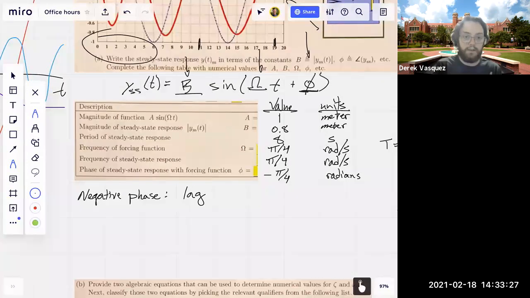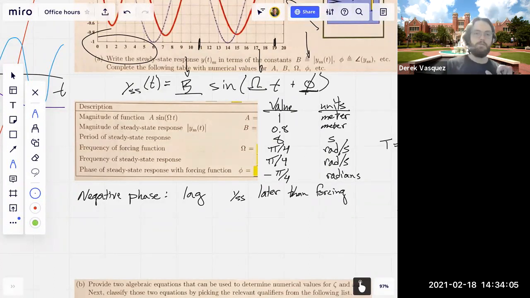The response, by definition of it being a response, is always going to have a negative phase, and that's because a positive phase would mean that you know what the forcing function is before it happens, which is not feasible. And so that means that y of the steady state is later than the forcing function.